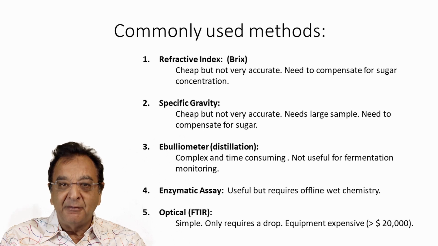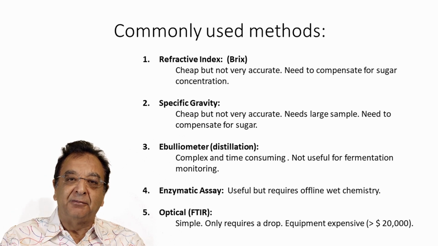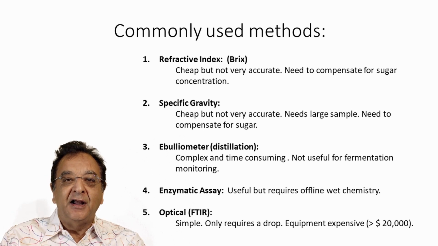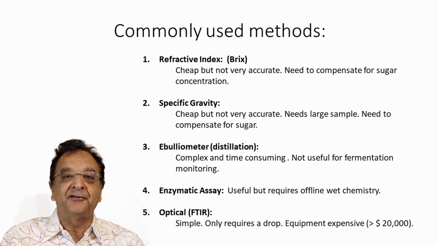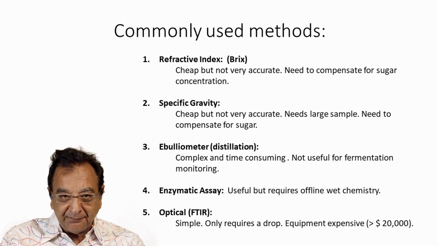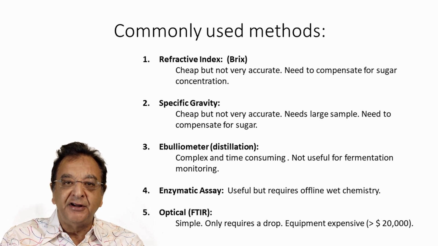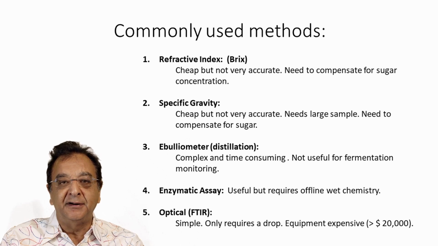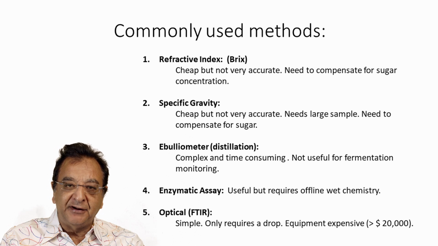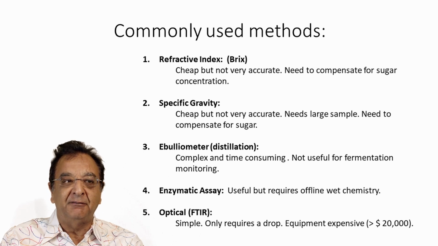You can use an ebulliometer and distill the sample. This is very complicated and expensive, and it's really only done for finished wine. You want to find out the alcohol concentration for the label. There are enzymatic machines that do a wet chemistry analysis, give you sugar and alcohol. You have to take a sample, involve some wet chemistry.